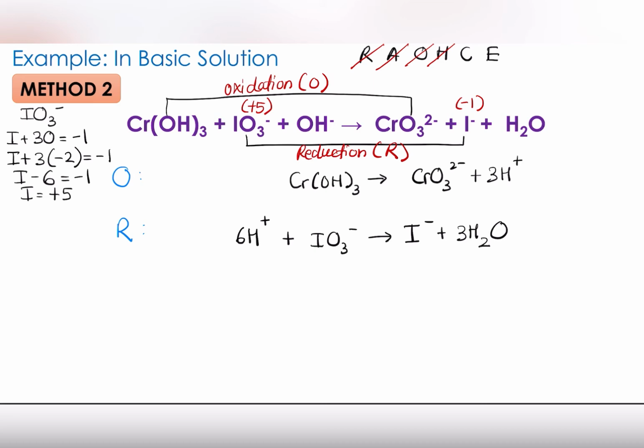Now look at it carefully. Kita akan balance the charge. So kat sini tricky sikit. So kira bilangan satu persatu. So untuk oxidation bahagian reactant, saya ada Cr(OH)3, maknanya dia neutral compound. The total charge is 0 untuk bahagian reactant. Saya bulatkan 0. Next one, total charge untuk bahagian product, I got CrO3 2 minus.